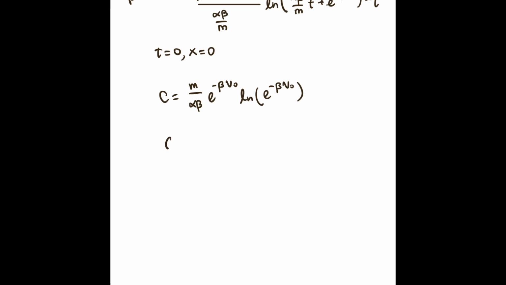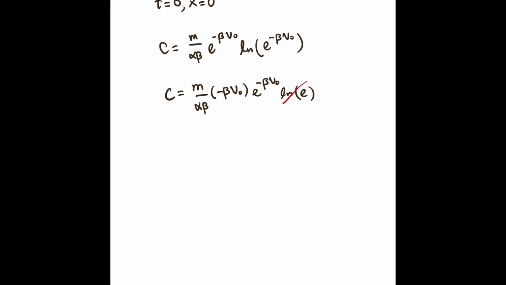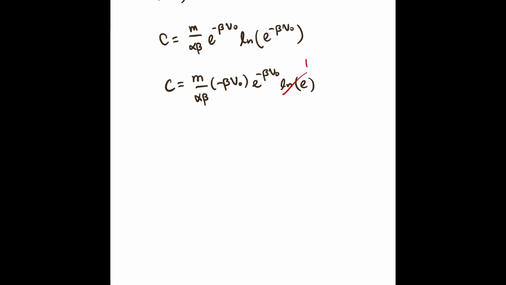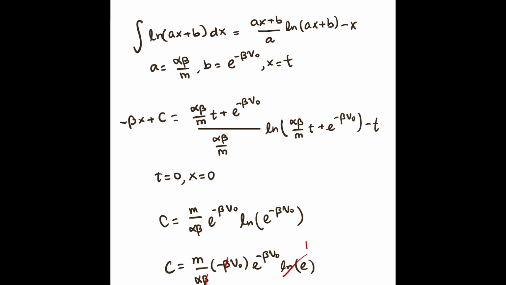And then we could simplify a little bit. The natural log of e is just 1. So this is our c term.